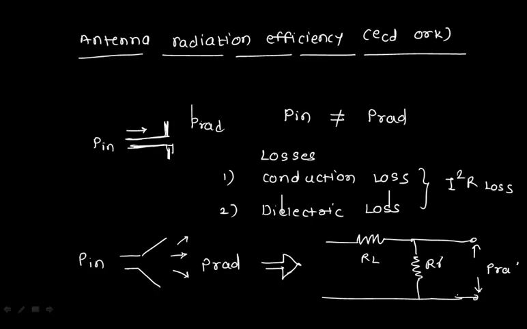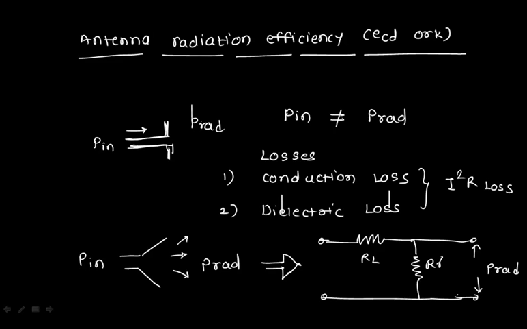So whatever input power I have given here, not all the power will be delivered to the free space. Some power will be reduced or attenuated because of these two types of losses. The radiation resistance is studied in more detail in the next sessions if we get time.